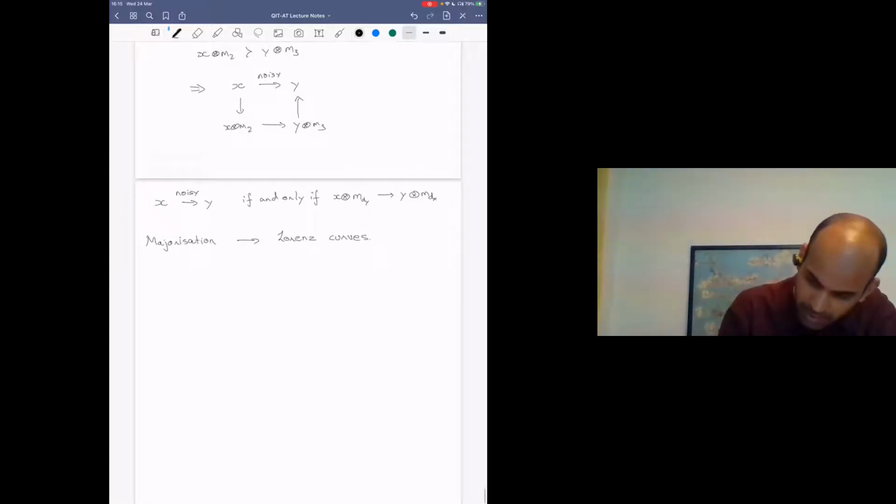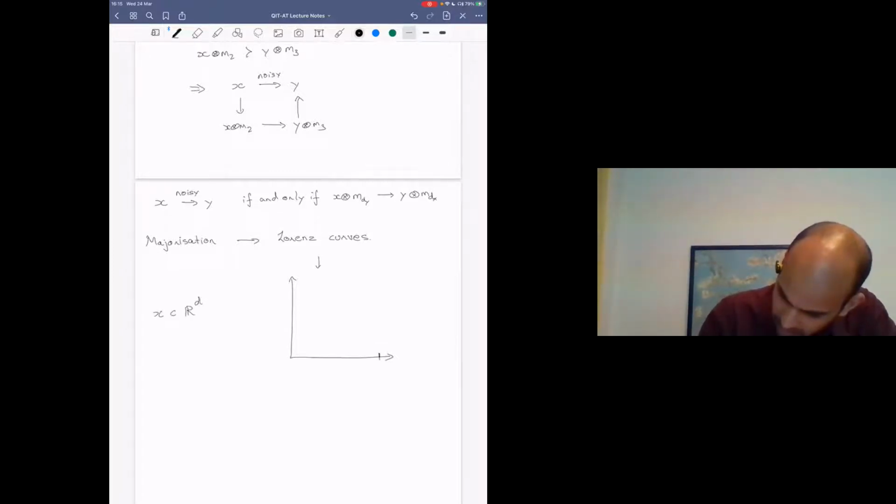Okay, so as a reminder, what is a Lorenz curve? It was the following. If we had a vector x in Rd, what we did is we split the unit interval into d blocks. And then for each of those blocks, we wrote down the partial sum corresponding to that.